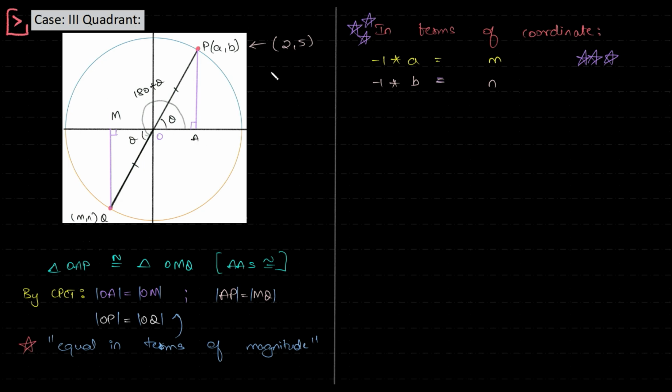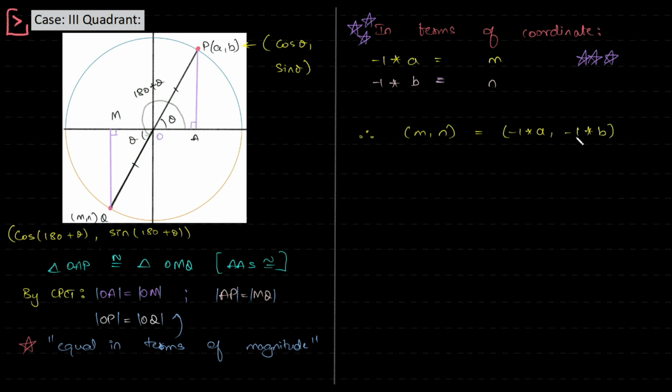And now on to using cos and sine. If this is cos of theta and sine of theta, this would be cos of 180 plus theta. Please understand this. And this is sine of 180 plus theta. Okay. And so over here, therefore, M comma N is equal to -1 into A comma -1 into B, right?